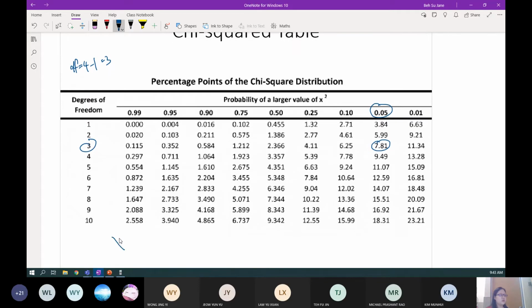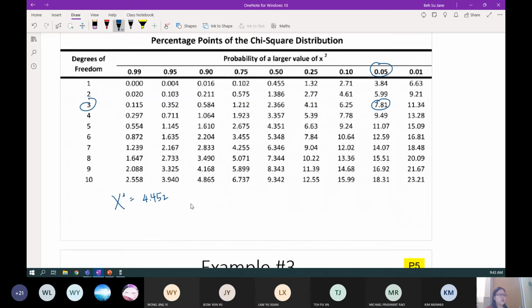Our chi-square value, I'm just going to write here again, is 4.452, which is smaller than our critical value.